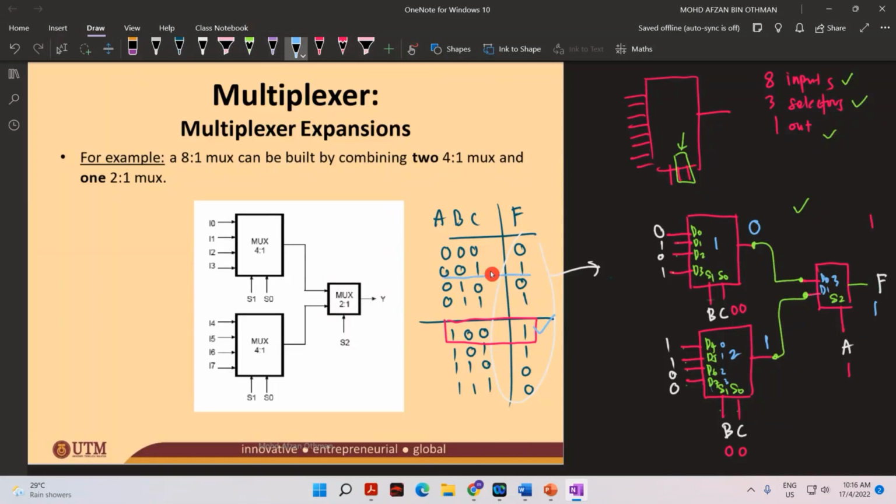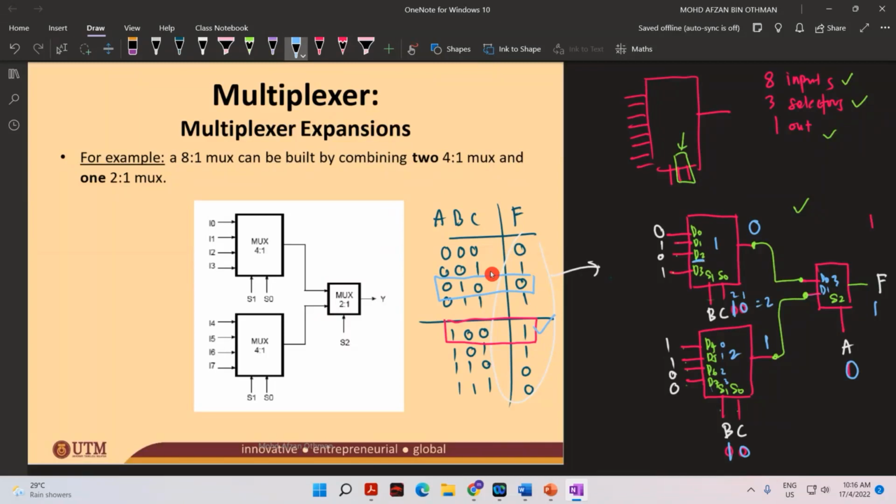Okay, so we take another value. Contoh 0, 1, 0. Okay, so this is a 0. And then followed by 1, 0. Okay, yang ni pun 1, 0. Okay, untuk 1, 0, yang mana yang akan ambil ni? D0, D1, D2, D3. 1, 0 ni apa? 1, 2. So sama dengan 2. So akan ambil from D2 lah kan? Betul.